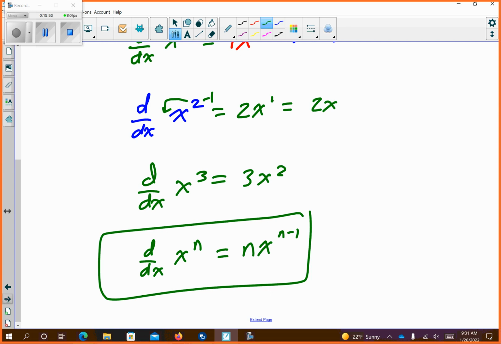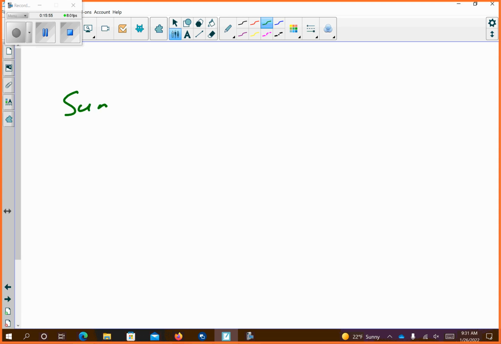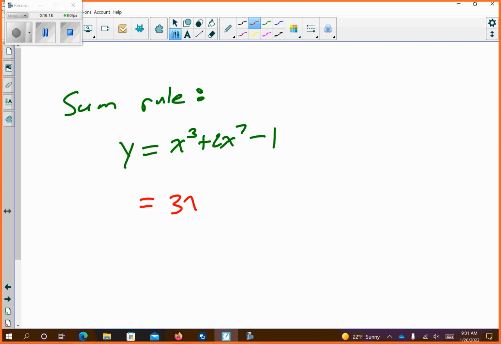Okay? So, the sum rule is this. Let's say I had this. Okay? The sum rule means this. If I wanted to find the derivative, it's going to be 3x squared plus 14x to the 6th, and then that just gives me 0.